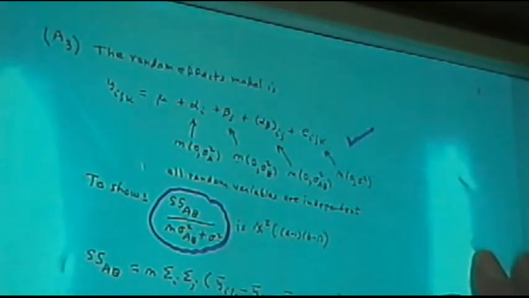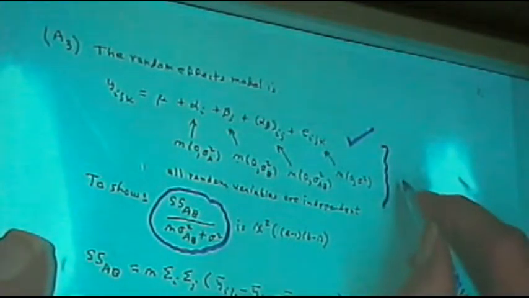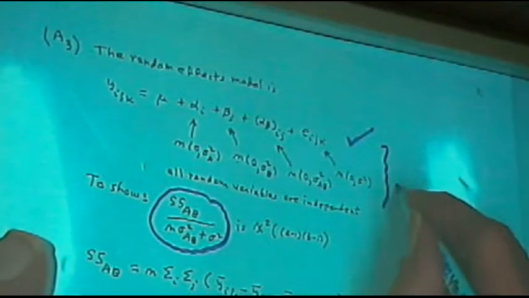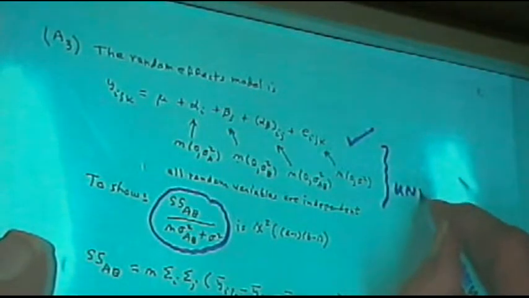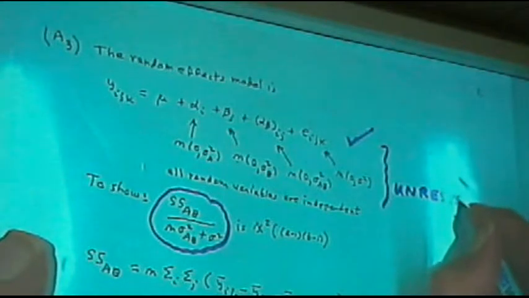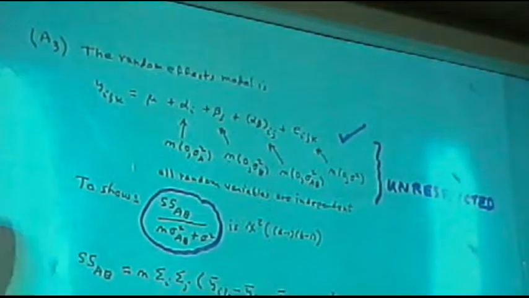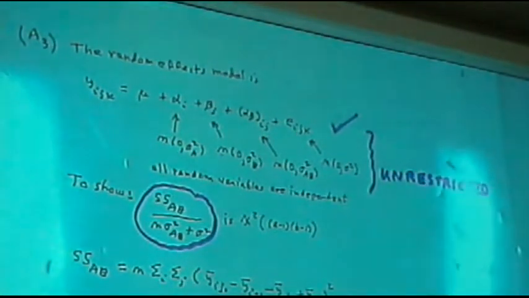Now this stuff here is what we would call the unrestricted random effects model. You remember when we encountered this, we had both restricted and unrestricted models.